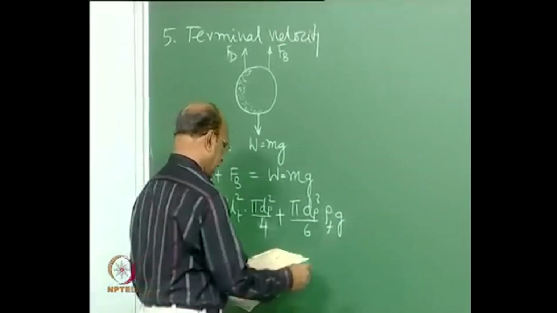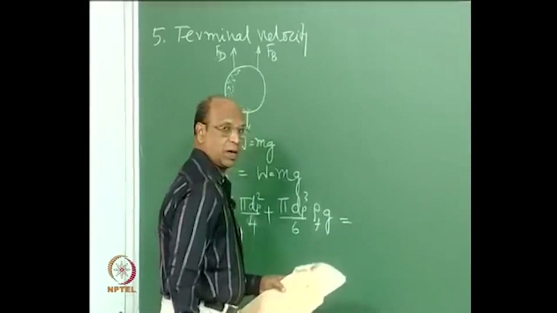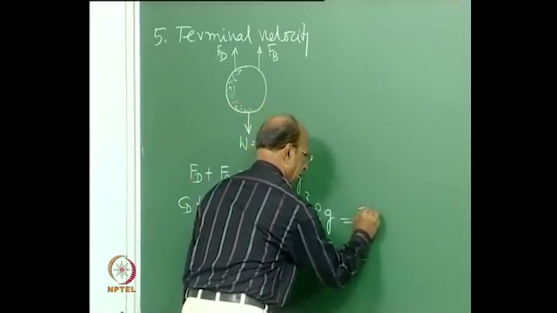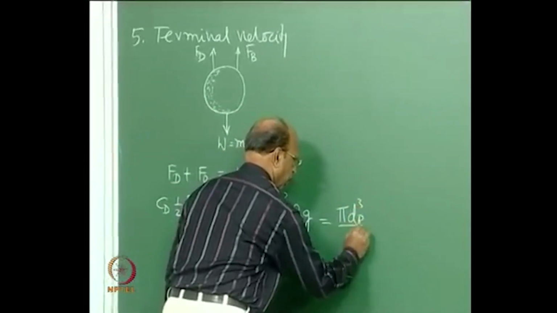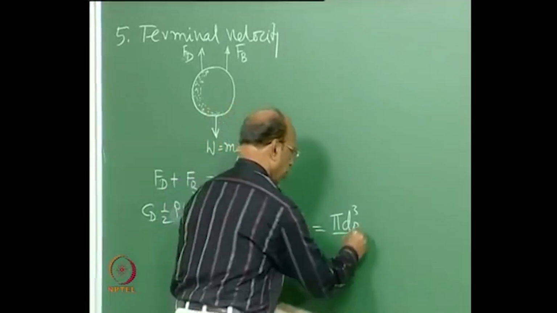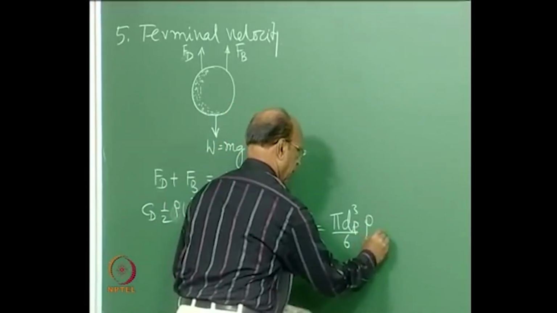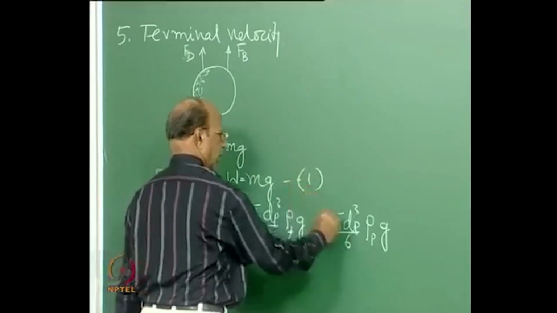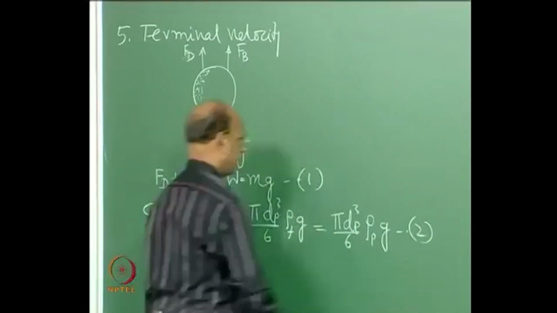Then this side we have mass into acceleration due to gravity. This again is dp cubed by 6, that is the volume, rho p is the particle density, and g is the gravitational constant.